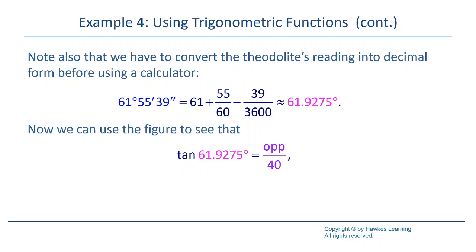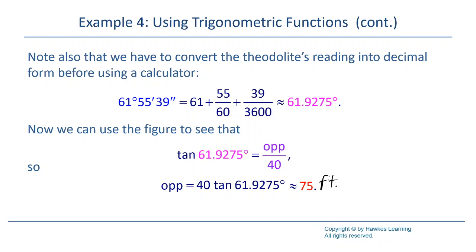So tangent of 61.9275 equals the opposite over 40. So the opposite is 40 times tangent of that thing, which is approximately 75. Now, 75 feet, let me be exact.